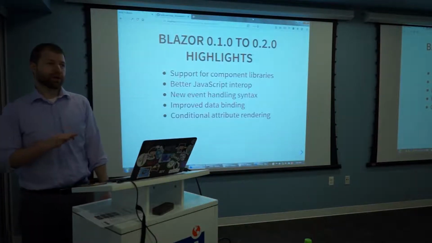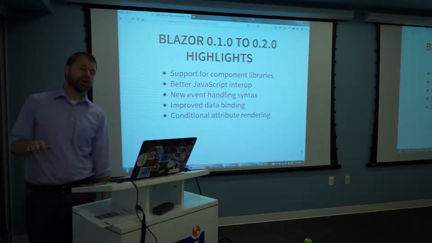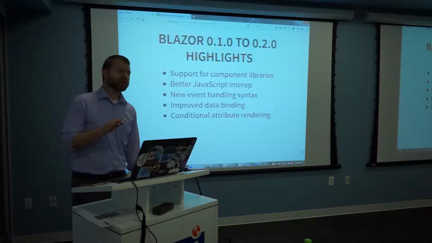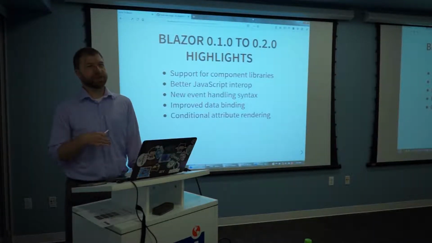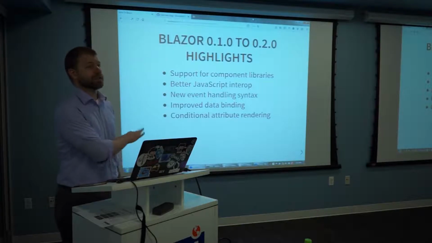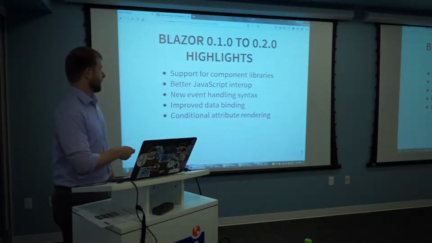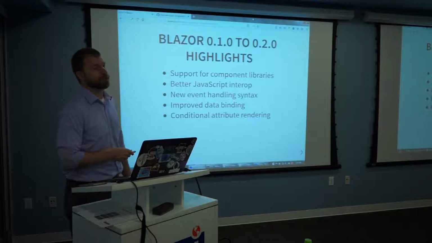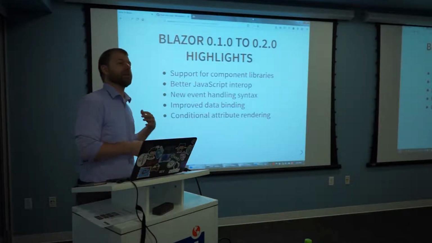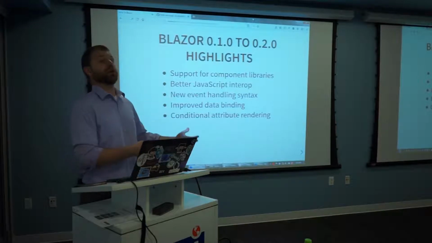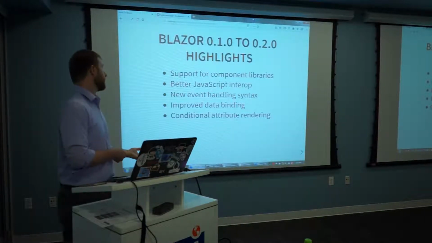Okay, so what did we get when they iterated from 0.1 to 0.2? And I show this because it shows you how quickly they're moving. My guess is we'll get a 0.3 within the next 3 to 4 weeks, and it'll probably have just as many changes. They introduced first-class support for component libraries. You could do this before, but it wasn't very easy. Now there's a .NET Core template to build a component library that you can use in Blazor.